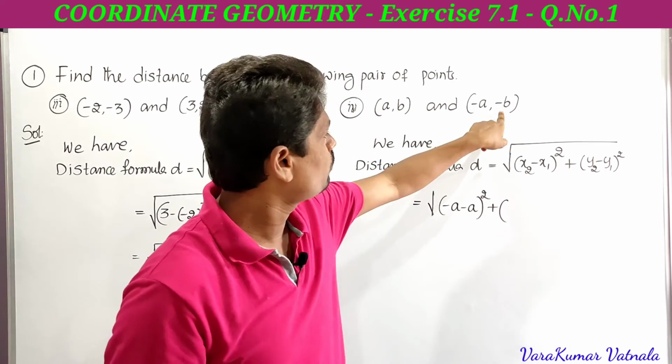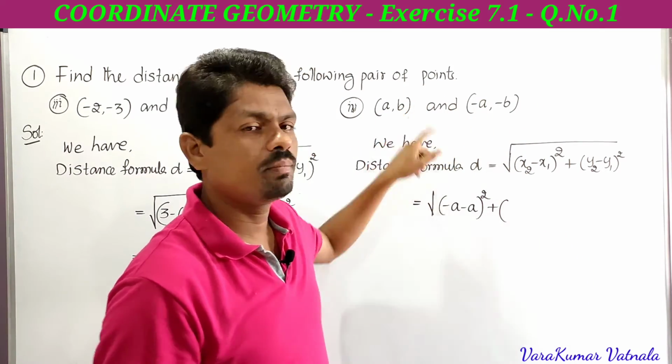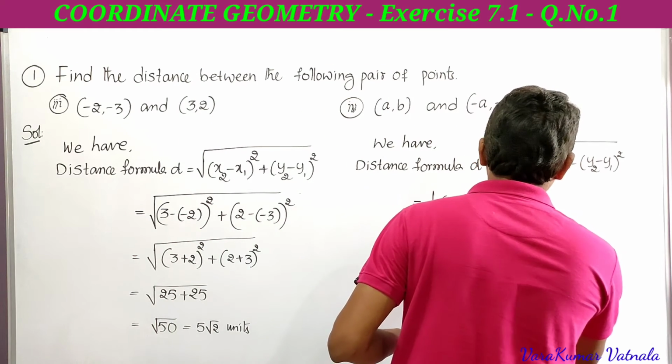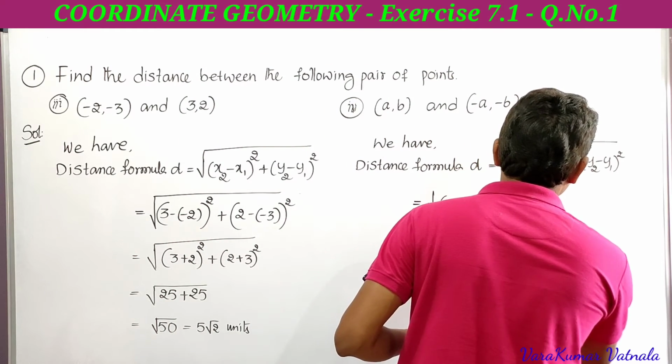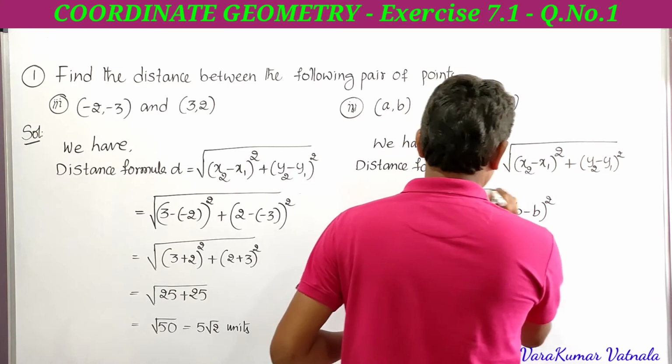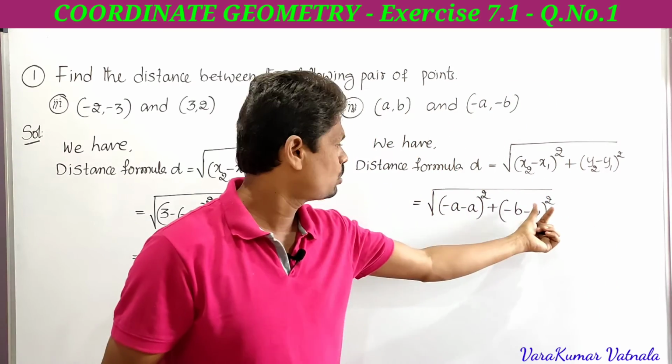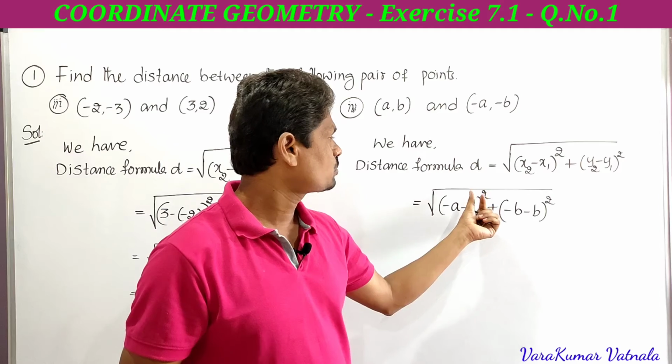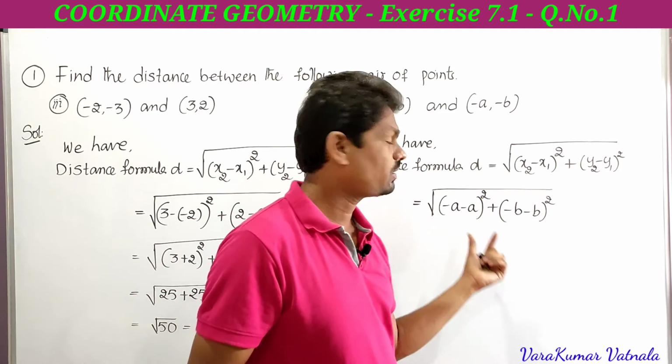Here y2 is minus b, y1 is b, so y2 minus y1 is minus b, whole square.